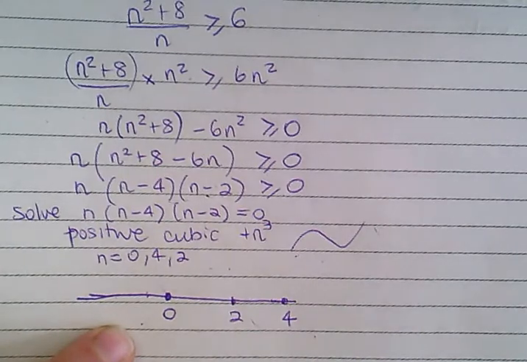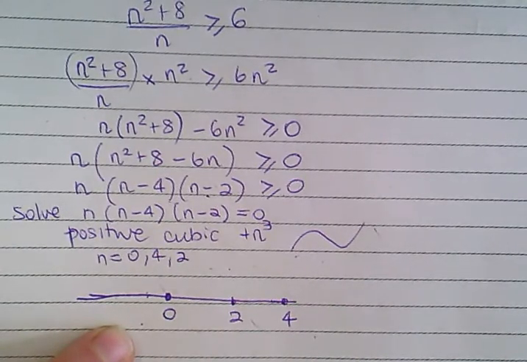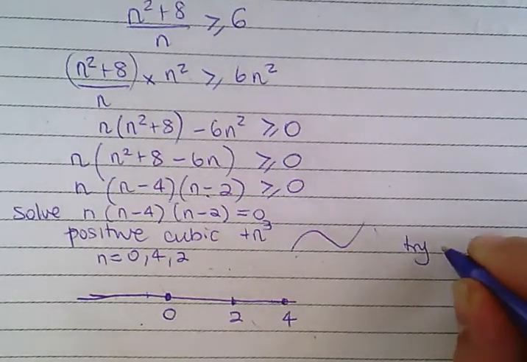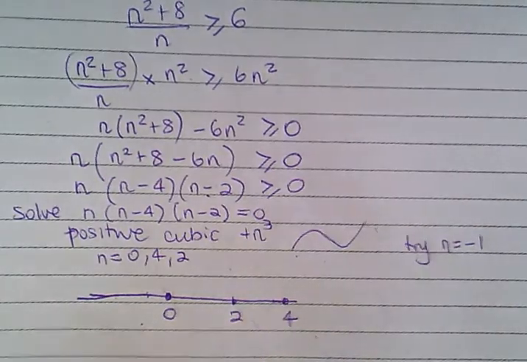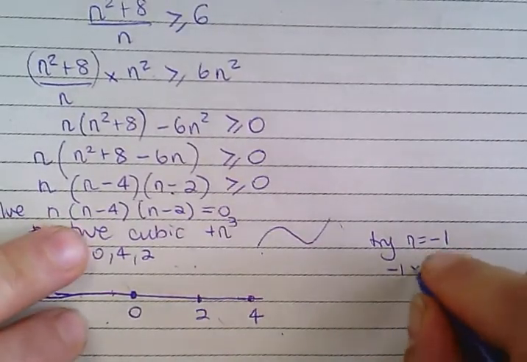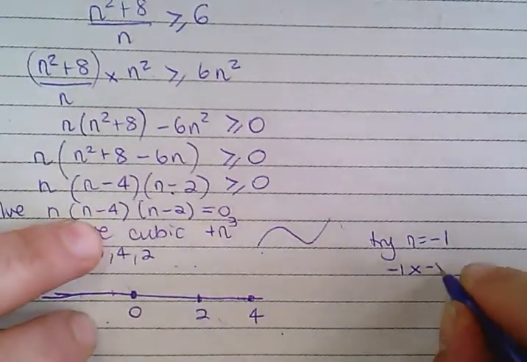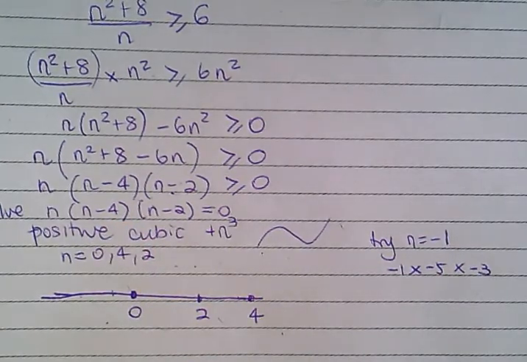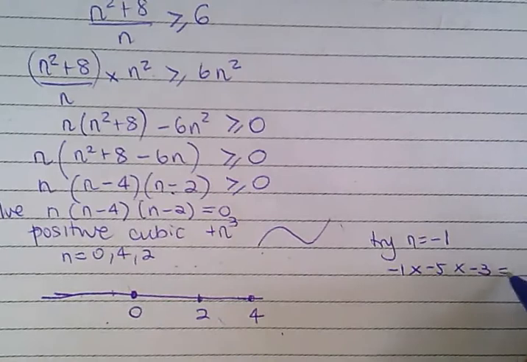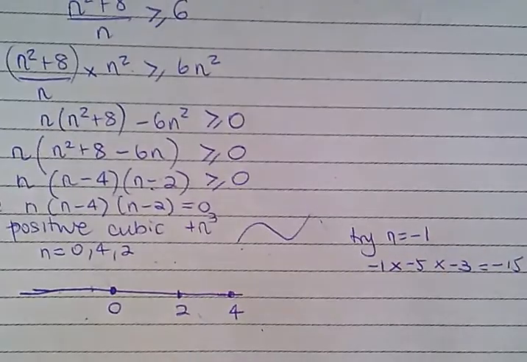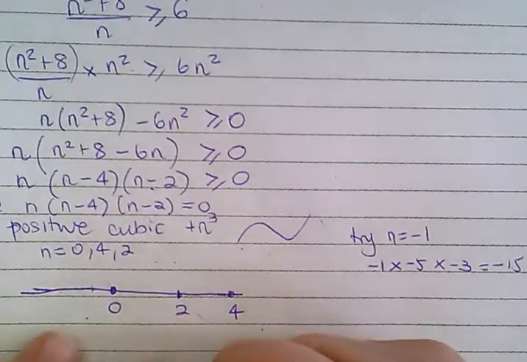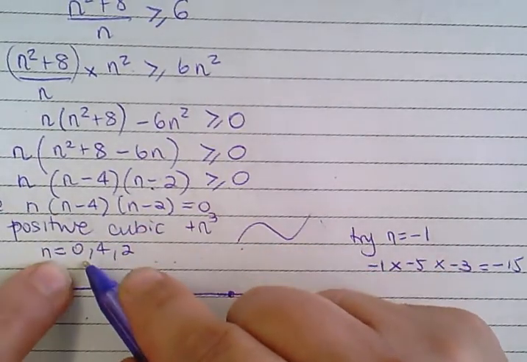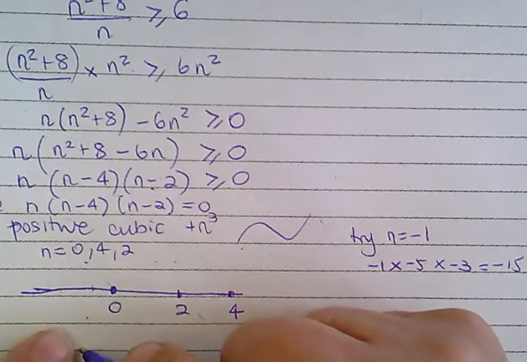A negative times a negative times a negative is a negative. I don't have to work it out. It doesn't matter exactly what it is, but in other words, it's down here, not up there. If I got a positive answer, I'd start my curve up here. Negative, you start below the line.